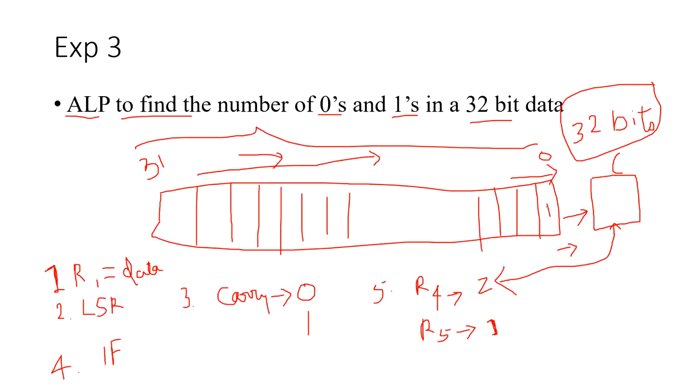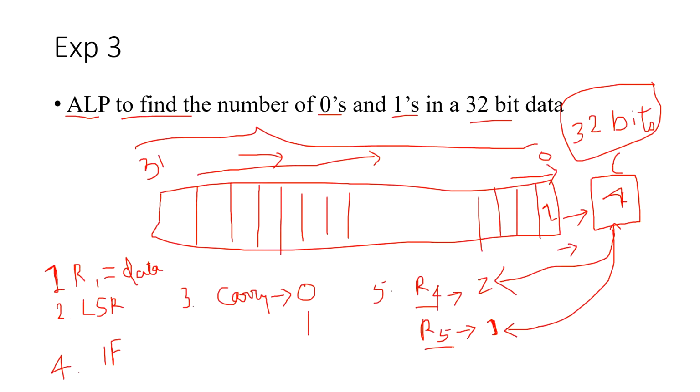Suppose this bit is 1 and that moves to the carry, and now the carry is 1, then R5 gets incremented. So based on the values of R4 and R5, we can come to know how many zeros and ones are there in a particular 32-bit data. Correct?